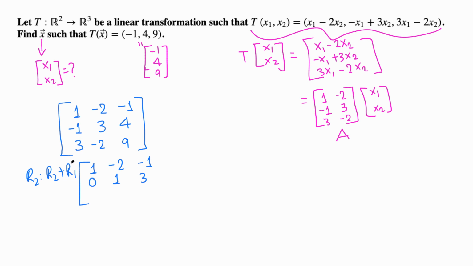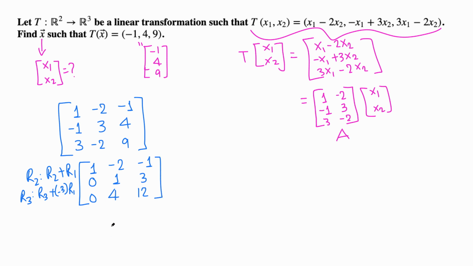Now to make this 0, R3 plus, this is 3, let's multiply R1 by negative 3. 3 plus negative 3 is 0, negative 2 plus positive 6 is 4, 9 plus positive 3 is 12.